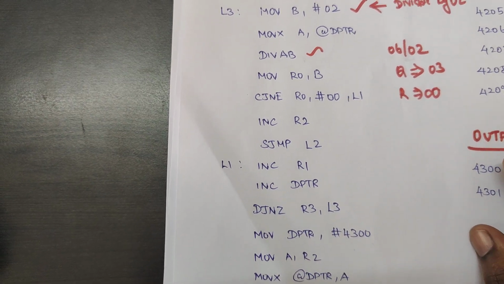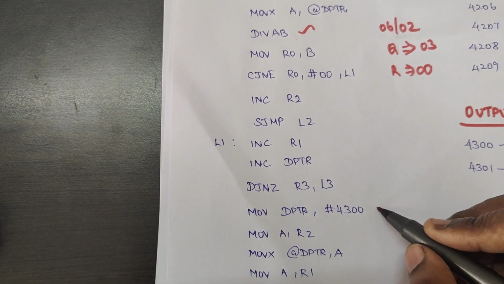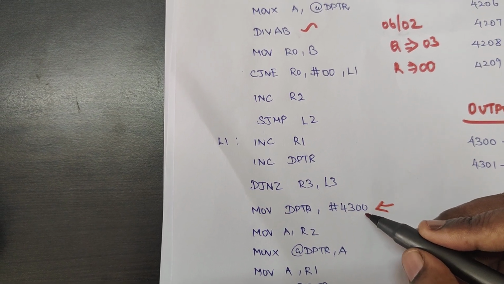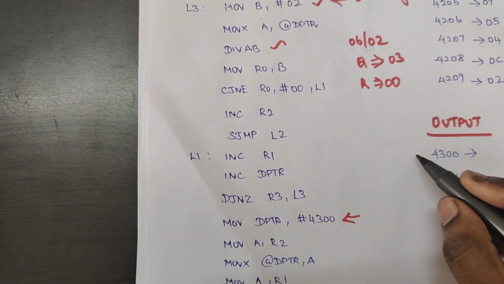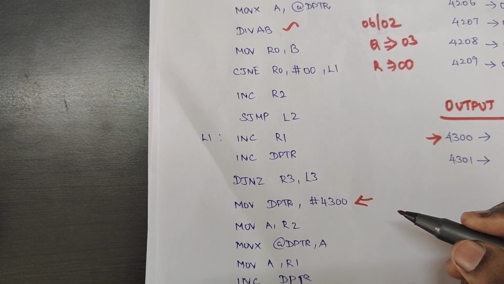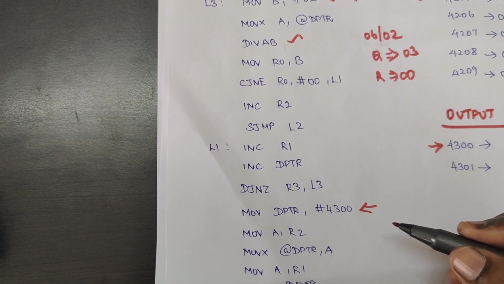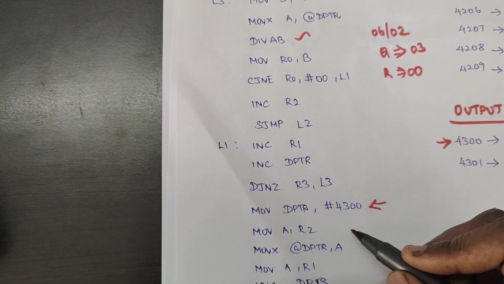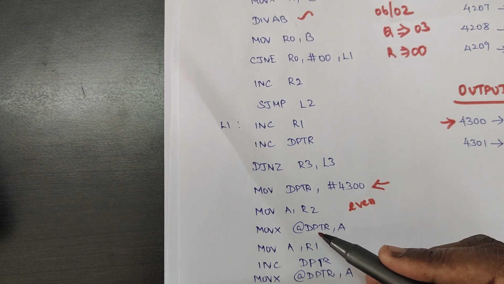So you have to move your output to the respective memory location. To store the output, I am loading my output address as 4300, so your data pointer will point to the address 4300. As I know, our outputs have been stored in R2 and R1. Move the first R2 value, that is your even count, to the A register and then to the data pointer.